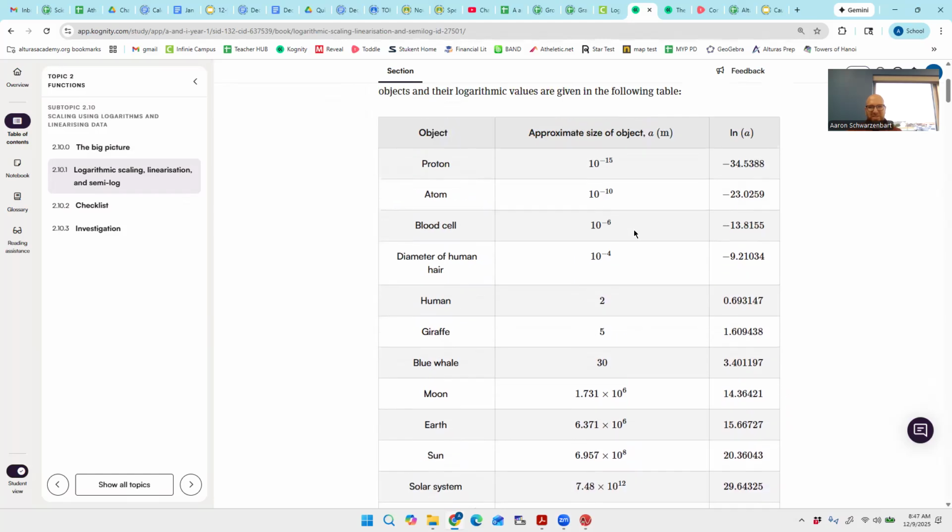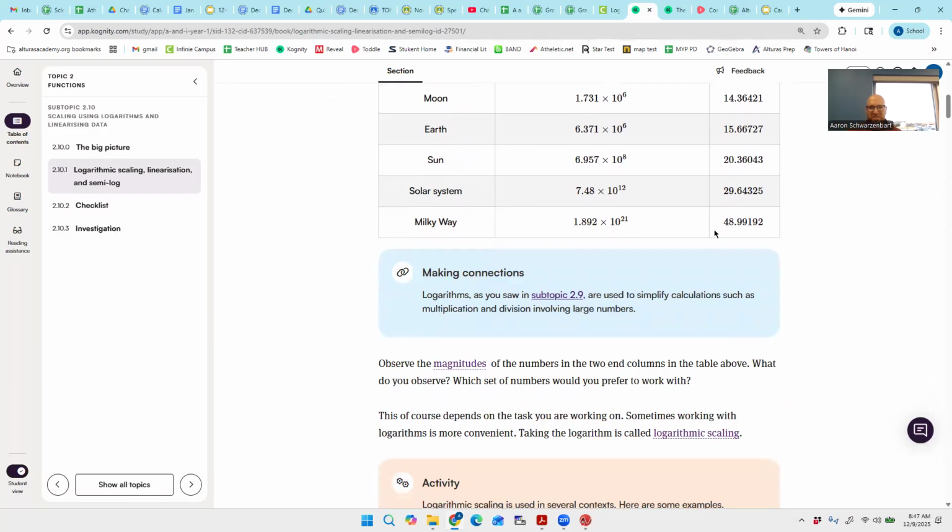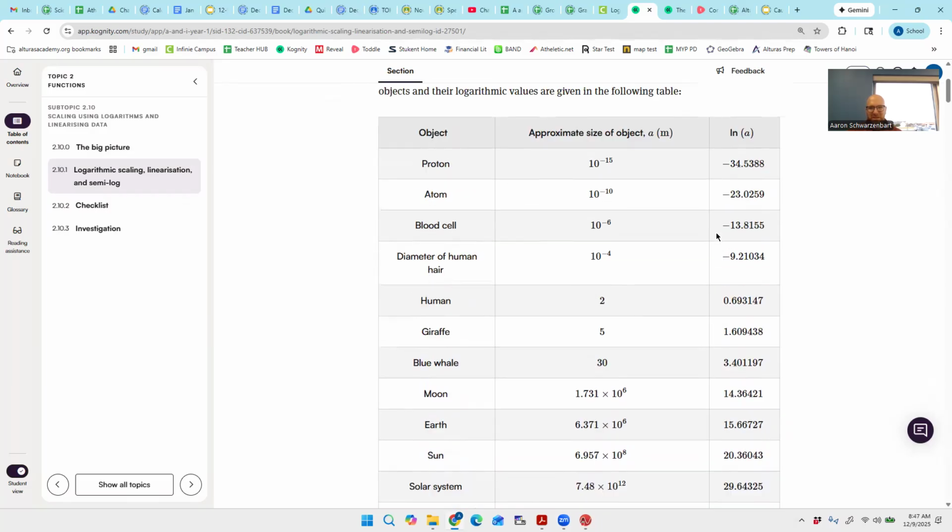If we tried to put all of these together, notice how if I take the natural log of all of these, they start to become reasonable size numbers. These don't become grouped on top of each other. And sure, there's plenty of things in between these, but you would not see very many of the small ones. The small ones are all going to be clustered around the atom. Protons, neutrons, electrons are going to be clustered around here.